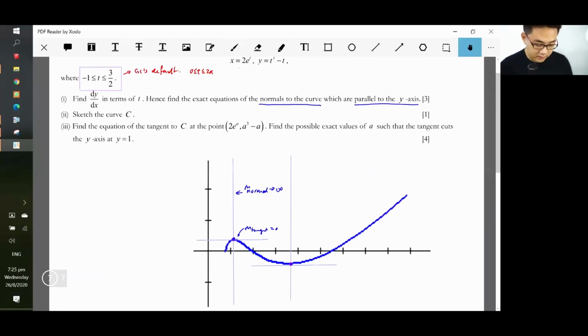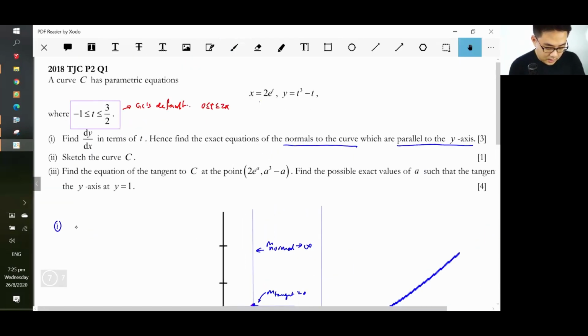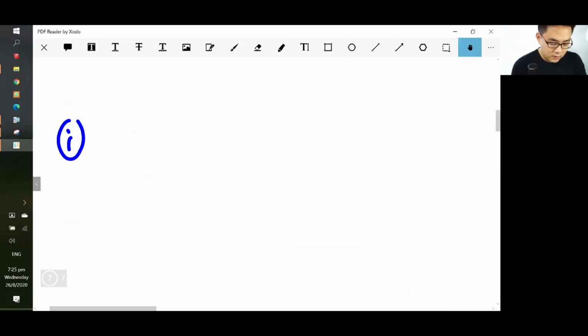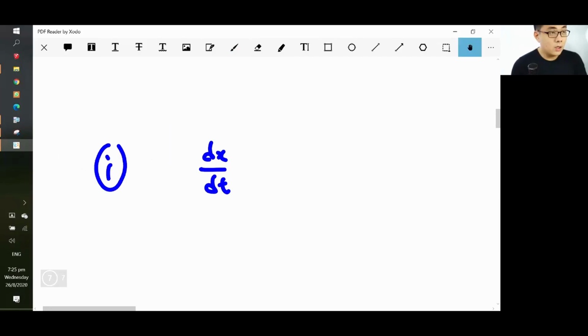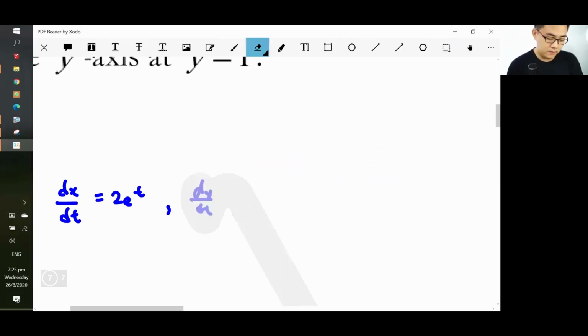So in other words, we just find where the tangent is 0. So dx/dt, find the tangent. dx/dt would be 2e^t. dy/dt would be 3t squared minus 1.